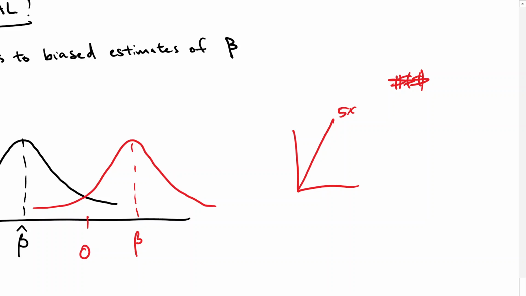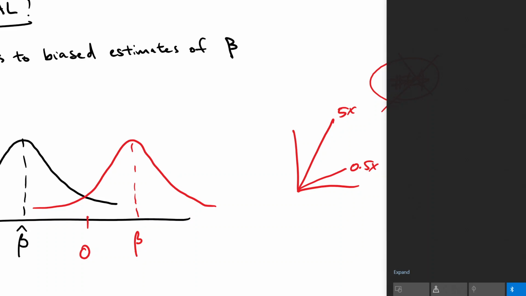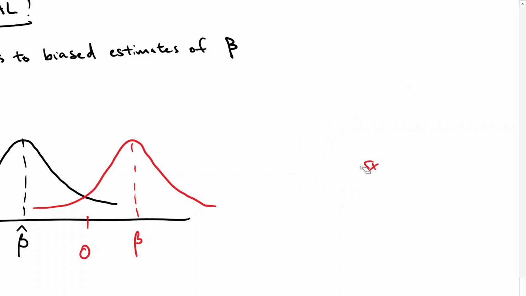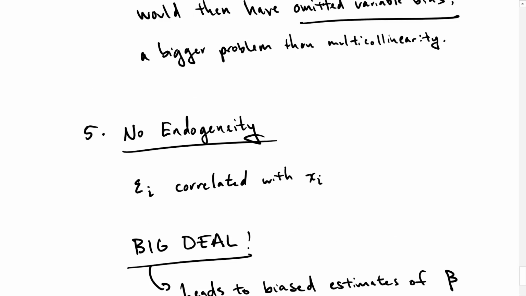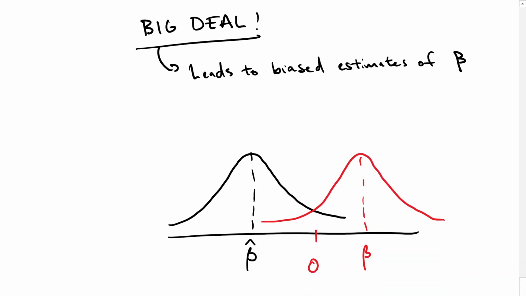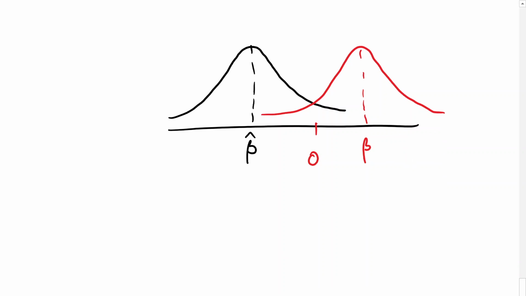Well, if your estimate is biased and it's actually 0.5 times, you might have just lost a whole bunch of money for your company. Or you might have put a policy into place that is going to do the opposite of what you were trying to do. So endogeneity is a big deal in econometrics, and this is what we want to address most of all.